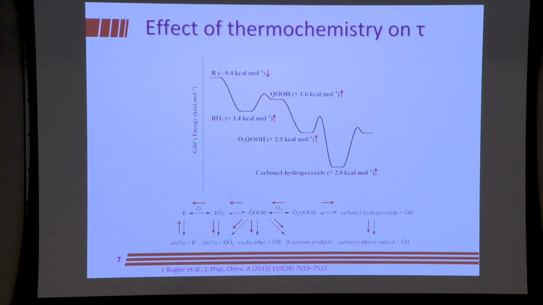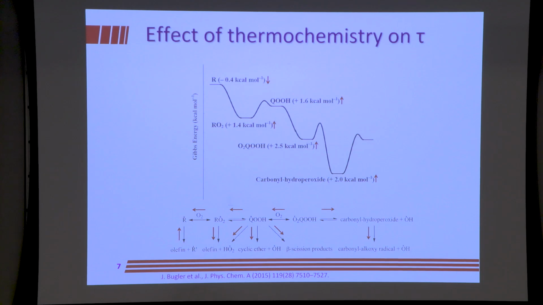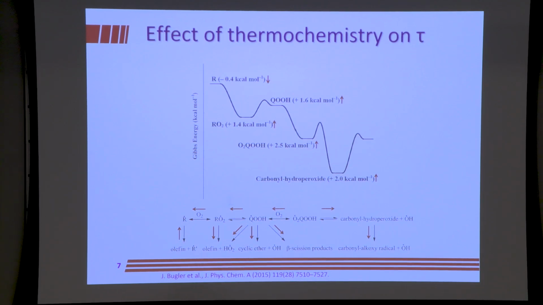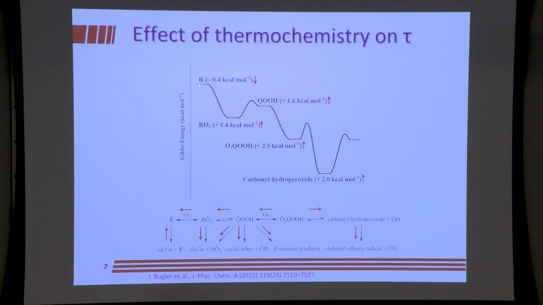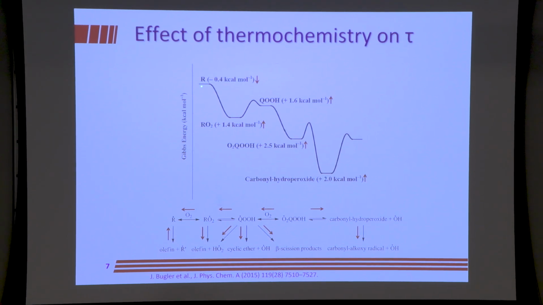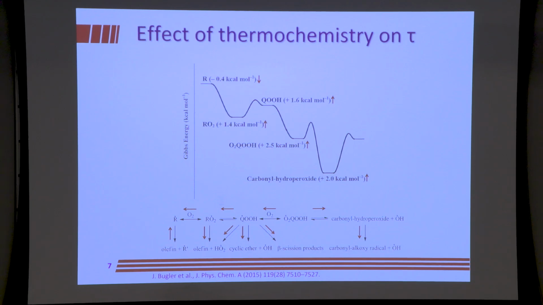And what we calculated, based on the best thermochemistry we had at the time, that's 10 years ago now, was that relative to the thermochemistry that we were using, the latest thermochemistry said that our alkyl radicals should be lower in Gibbs free energy by 0.4 kilocalories per mole, relative to what we were using, okay?